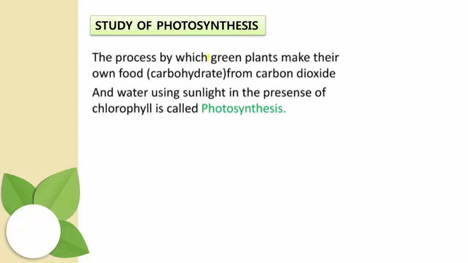The process by which green plants make their own food, especially carbohydrate, from carbon dioxide and water using sunlight in the presence of chlorophyll, it is called photosynthesis.